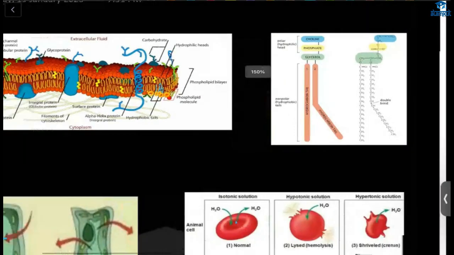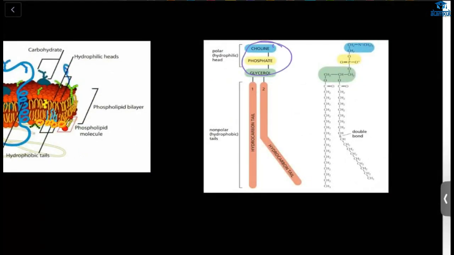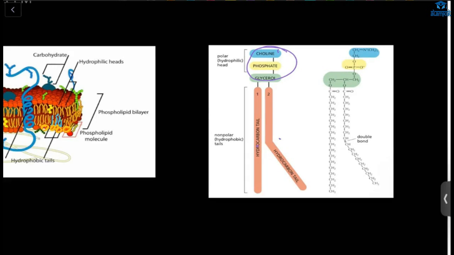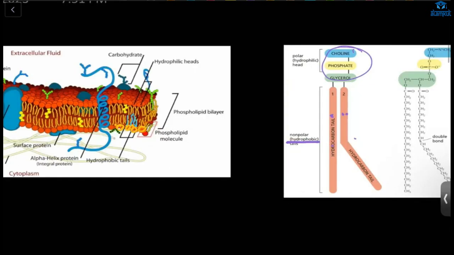See, the plasma membrane is made up of a head and two tails. The head is phosphate, and these two tails are lipids. Tails are hydrophobic, that means they dislike water, that's why the inner part will have the tails. A double layer is there.